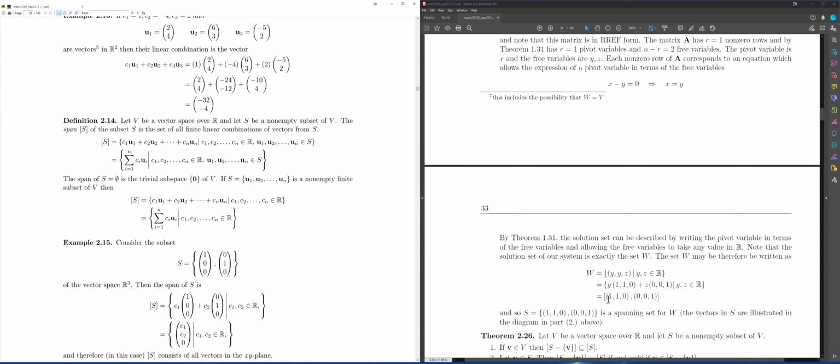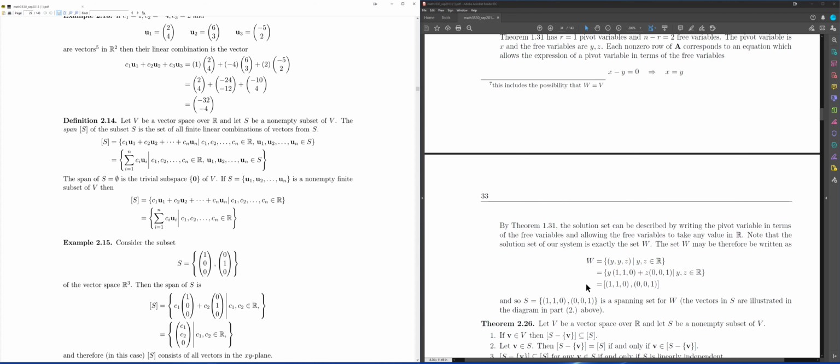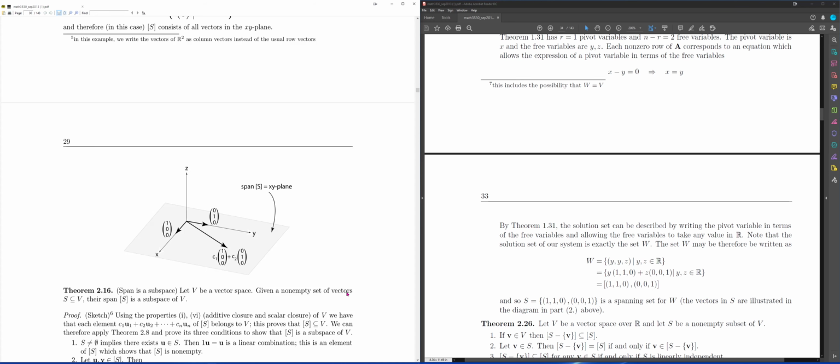If you take all possible linear combinations of them, these are giving you all the vectors that belong to W. In other words, when you take the span of these vectors, they generate the W. That is an example of a spanning set.